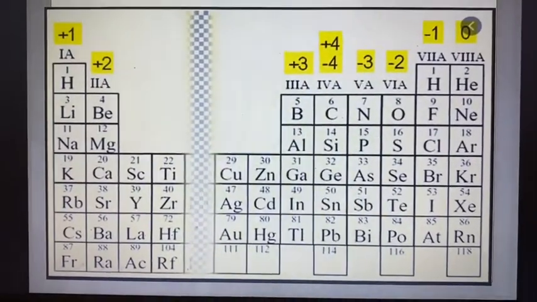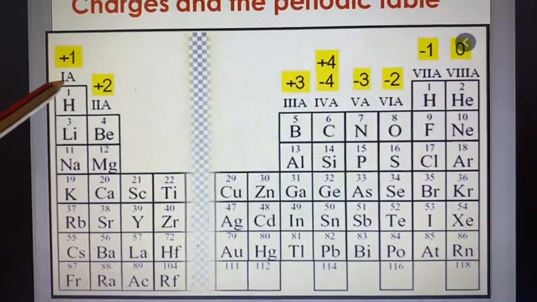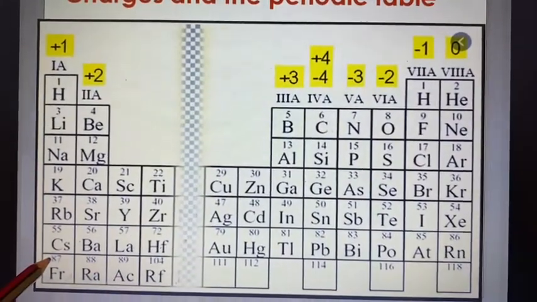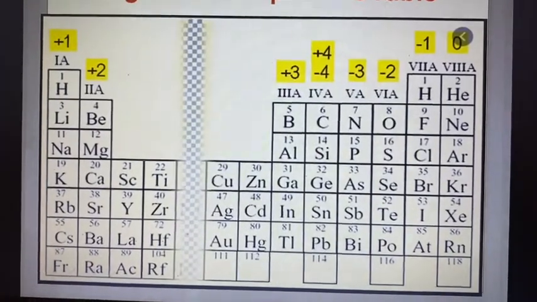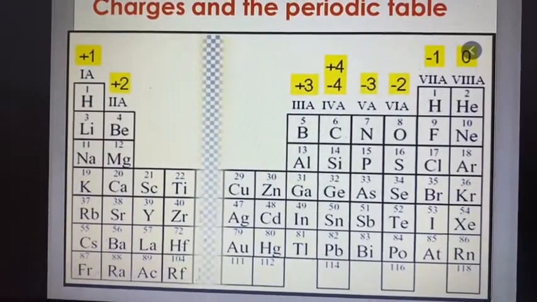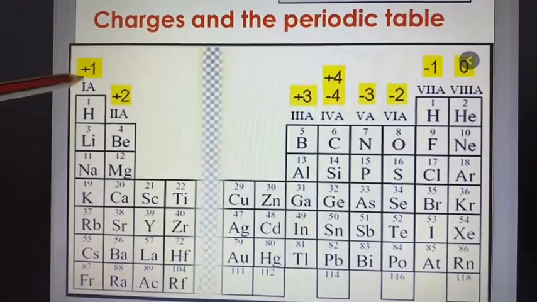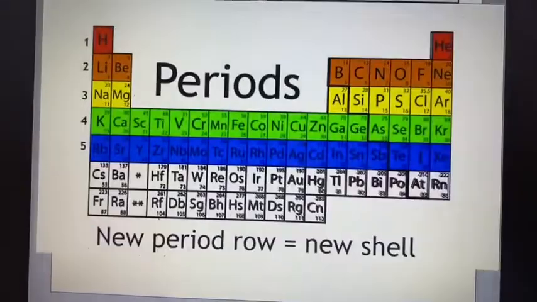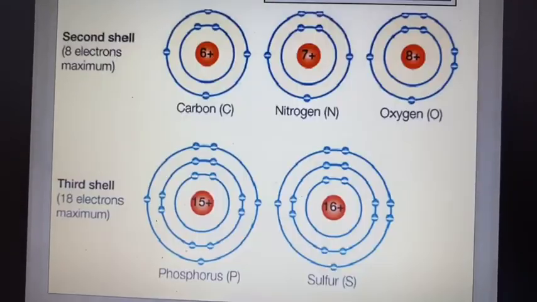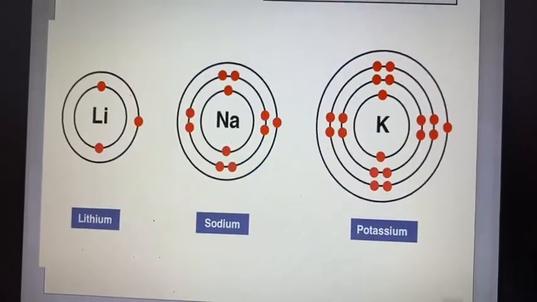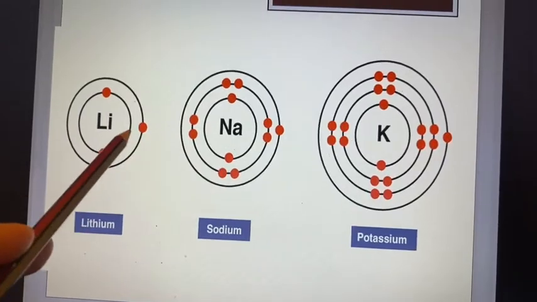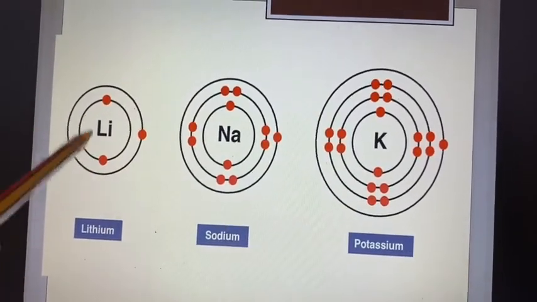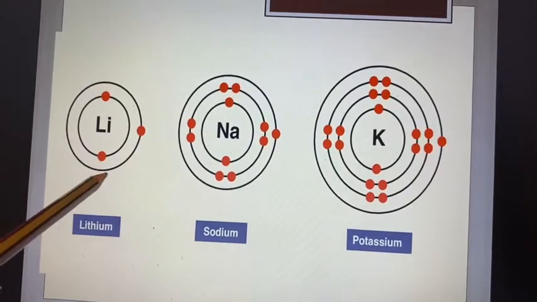That's why in group number 1, it means that they have 1 electron in the outer shell. They can lose this electron. Now losing this electron will make them more stable. Look here. For lithium, if it loses 1 electron, it will have 2 electrons in the outer shell, which is stable.